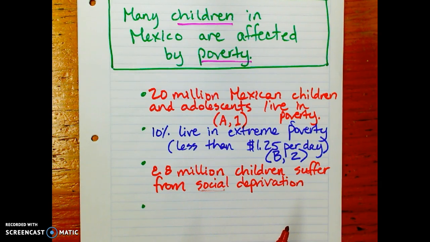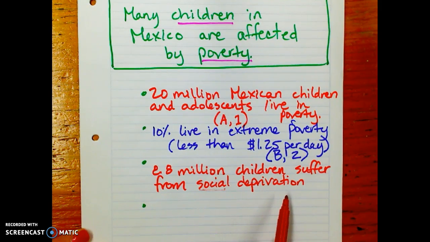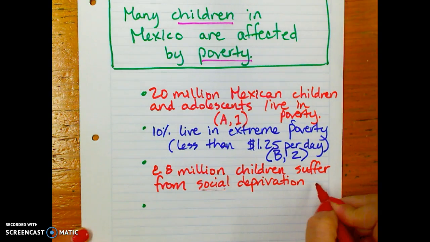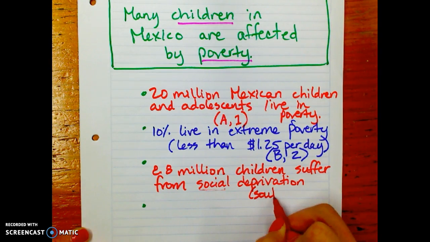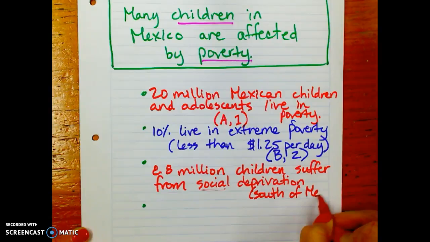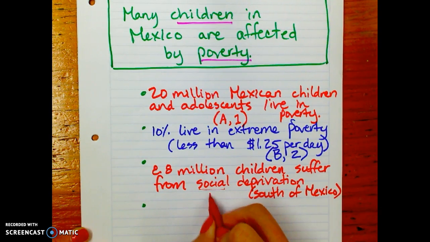They might be living alone. And that actually relates to another fact, which says that they live in the south of Mexico. There's a lot of families in the south. It's actually the rural south.